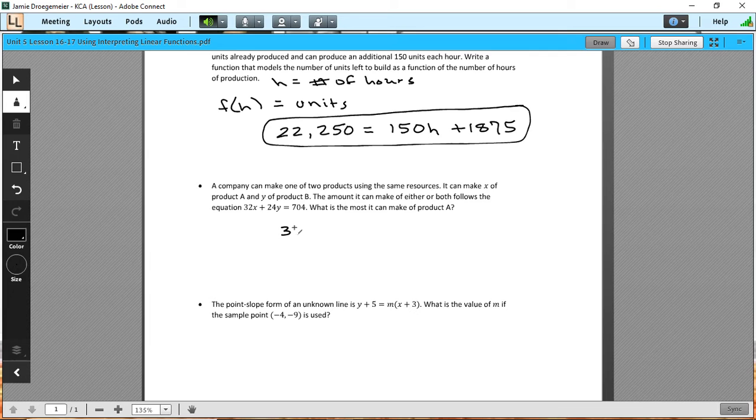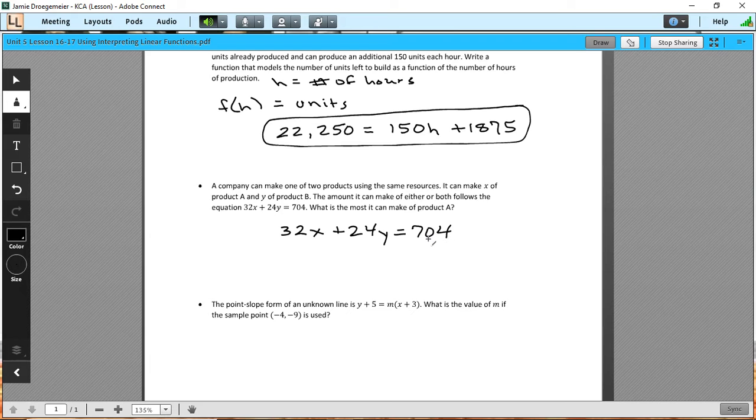So if we look at this equation they gave us, this is product A, this is product B.